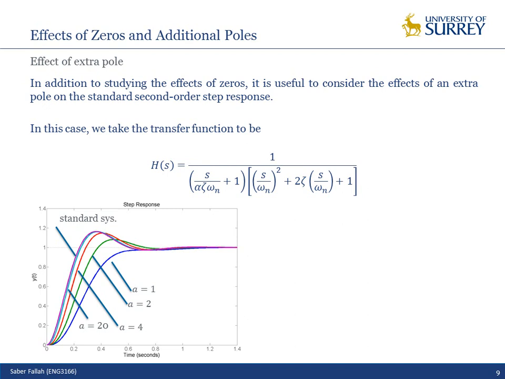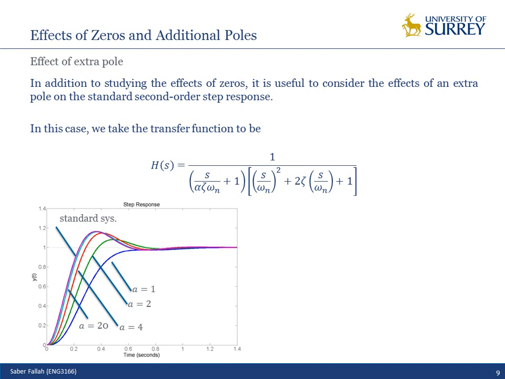How can you add a zero to the system from the year 2 control module? By a proportional derivative controller, PD controller. How can you add an extra pole to the system?